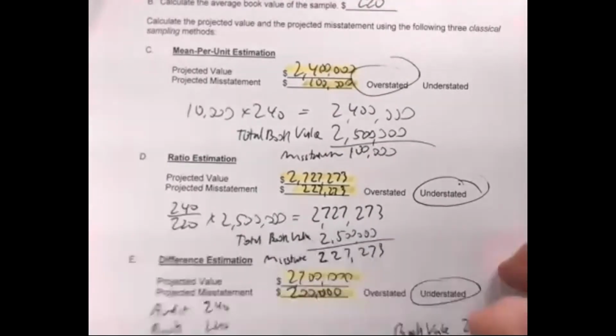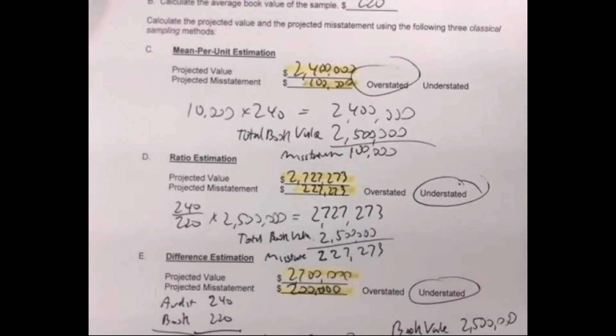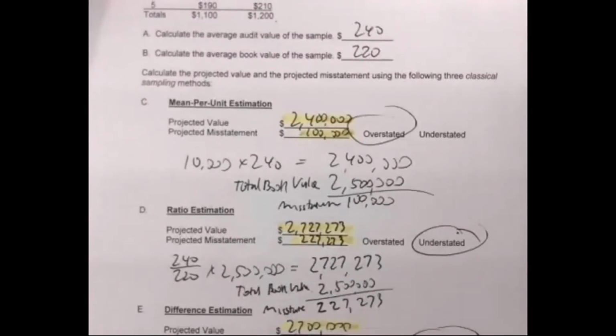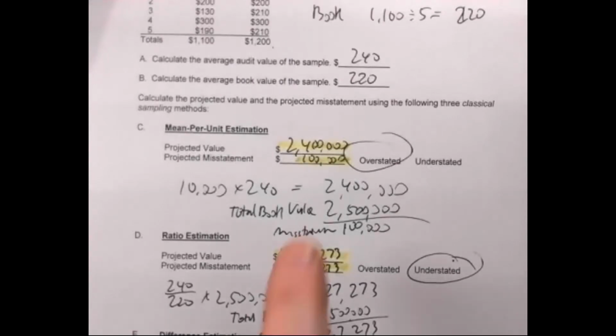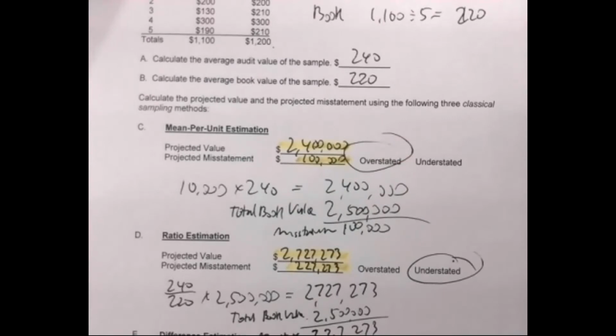I have a question. So for C, the mean per unit estimation, if I put the misstatement as a negative number, is that wrong or does it matter? No, that's fine. The big thing is whether it's overstated or understated. That'll tell you which one it is.